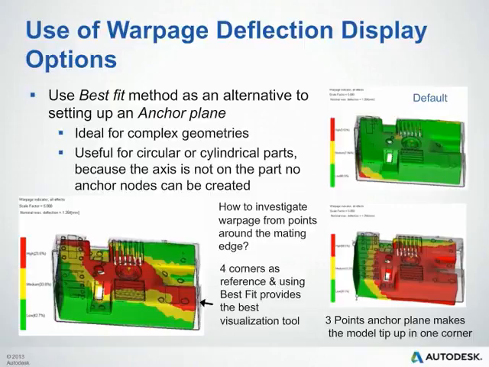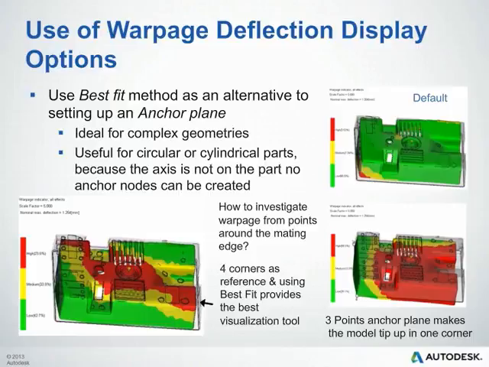Some tips here on this particular part: we can see the default best fit in the upper right corner. There's no reference at all. It's just floating in space. This is really hard to interpret back to our real life results that we're seeing and measuring. So what we can do is a best fit around the bottom edge of that part, and it'll show us how flat that bottom edge is.